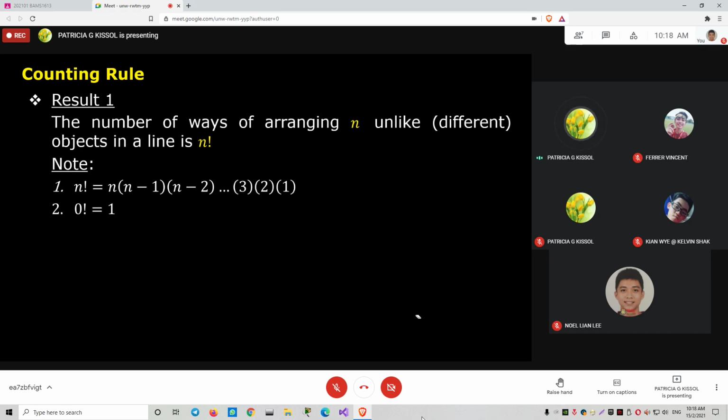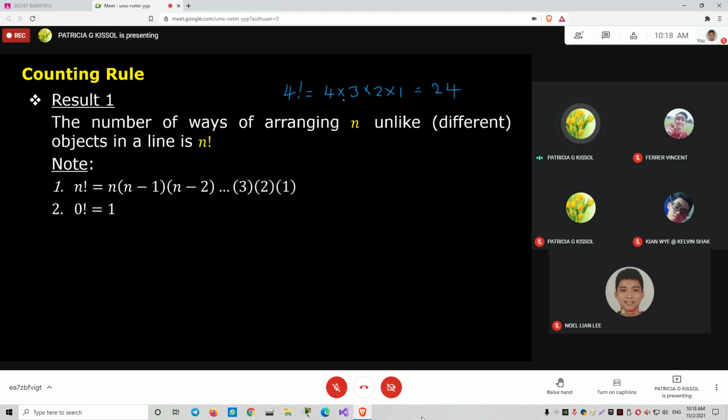Basically, the symbol factorial simply means, say I have the number 4 factorial, it means 4 times 3 times 2 times 1. So it's equal to 24.